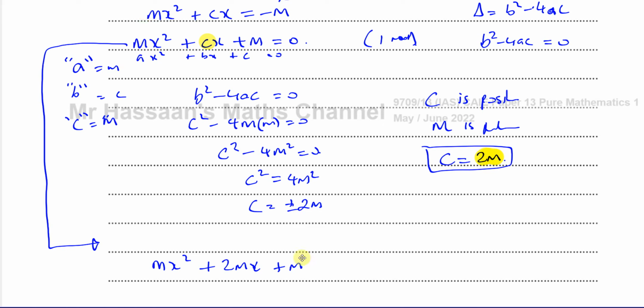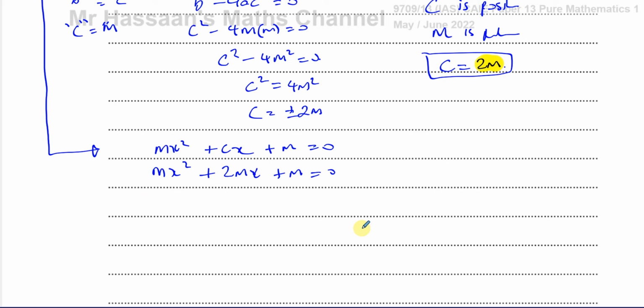So we know that our equation is mx squared plus cx plus m equals 0, and we replace the c with 2m. That's all. Now we have an equation where we can see that m is a constant.